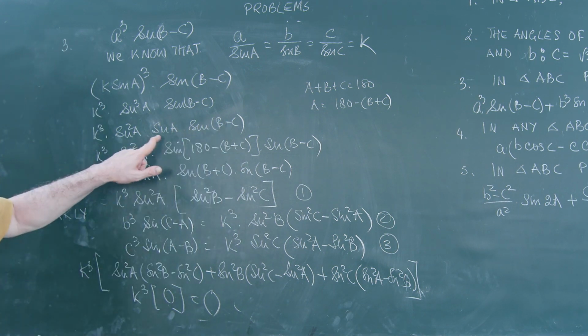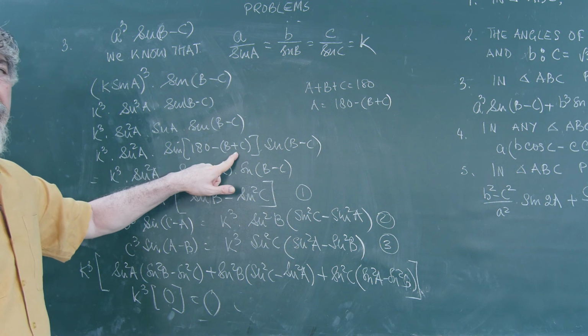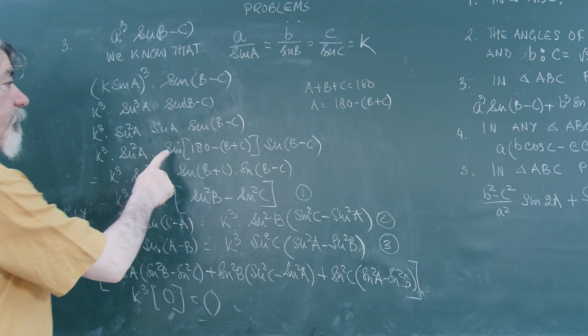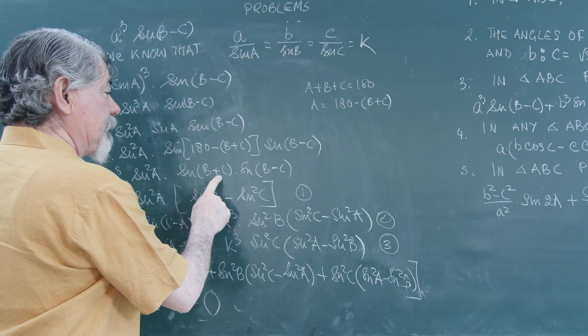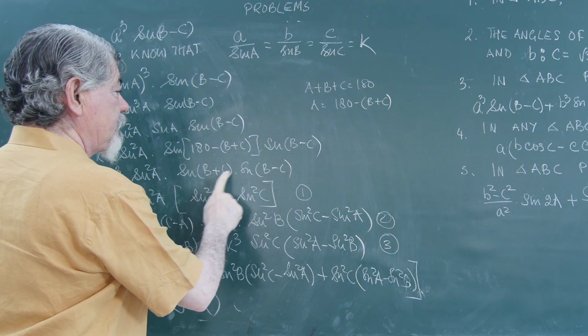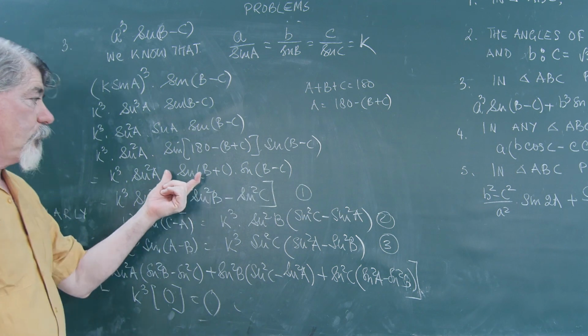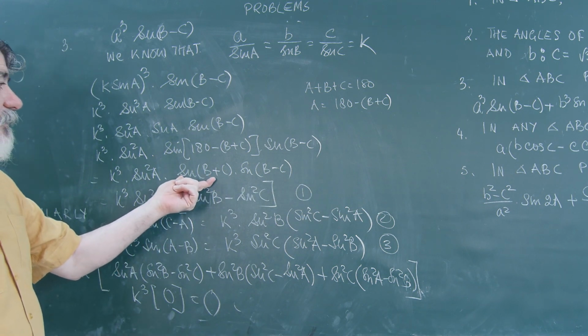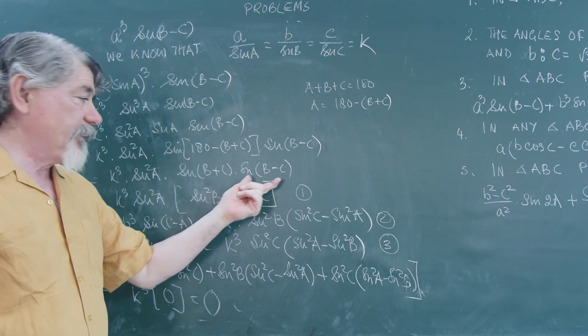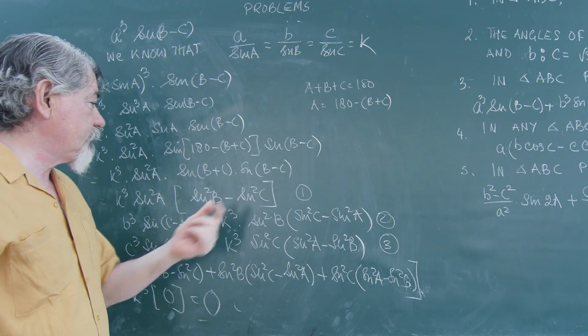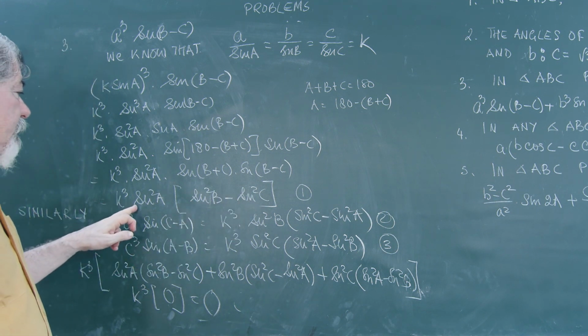So sine A I have written as sine of 180 minus B plus C. Sine 180 minus theta is sine theta. So sine B plus C, sine B minus C. If I multiply them, the direct formula gives sine square B minus sine square C, K cube sine square A.